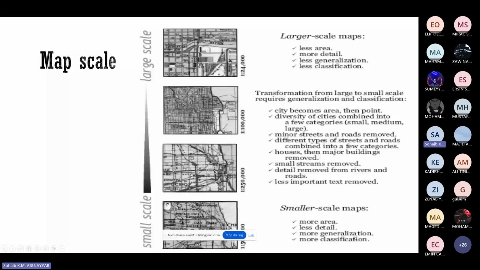So as you see here, these are the main differences between the large scale and small scale, depending on the objective. If your objective targets larger scales, then you will have less generalization, less area, more detail.